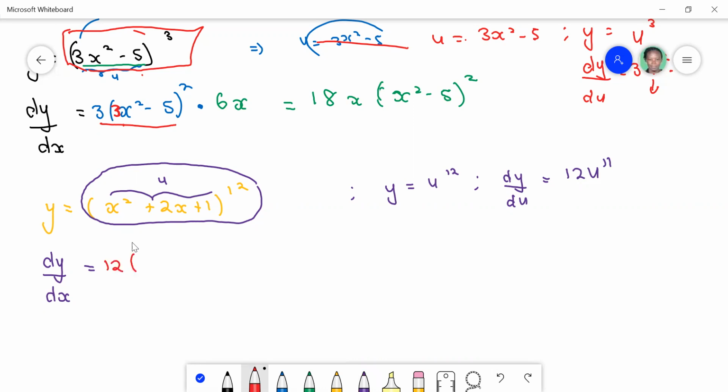What is u? u is x squared plus 2x plus 1, so 12 times x squared plus 2x plus 1 to the power 11, times the derivative of what you have in the bracket. Differentiating, I have 2x plus 2. The 1 is a constant, so it goes to 0. This is your result.